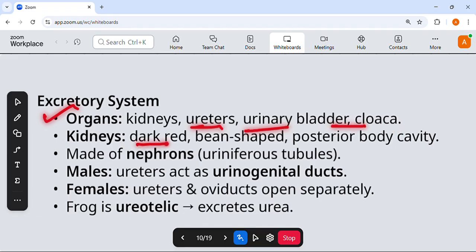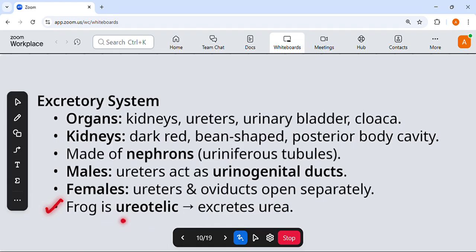Kidneys are dark red, bean-shaped structures, located posterior in the body cavity. They are made up of nephrons, also known as uriniferous tubules. The male has a ureter, which acts as a urinogenital duct. In the female, the ureter and oviduct open separately. They are not together opening into the cloaca.